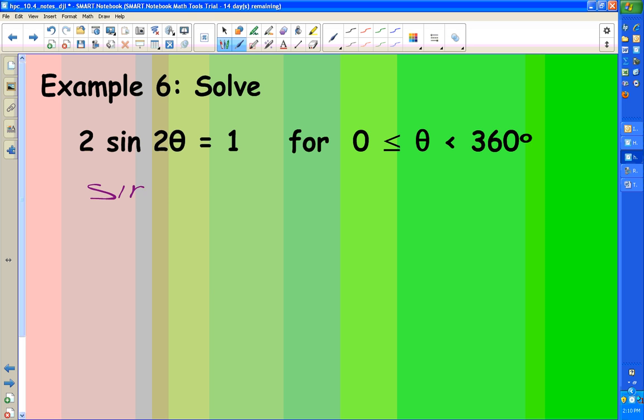So the sine of 2 theta is going to equal a half. Let's just do 2 theta equals sine inverse of a half.